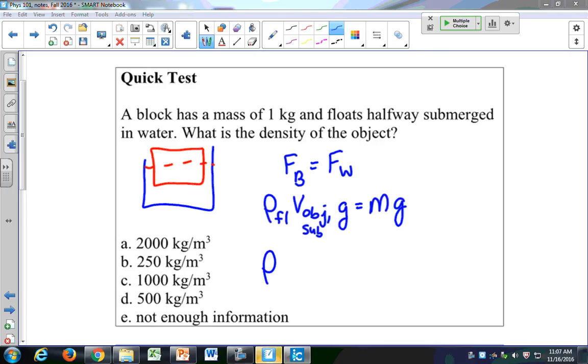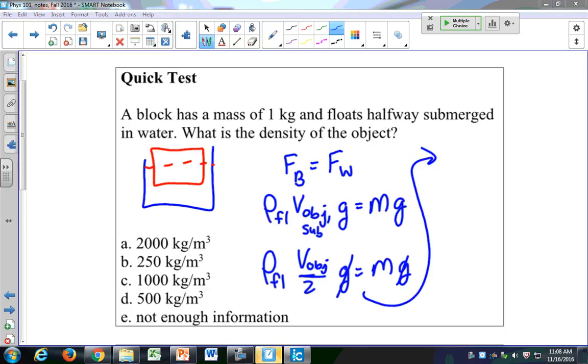We can say that the density of the fluid times the volume of the object divided by 2, because only half of the object is submerged, times g, is equal to m times g. Then my g's cancel, and I can say that the density of the fluid divided by 2 is equal to the mass over the volume of the object. And this mass over the volume of the object is the density of the object, and it's equal to 1/2 the density of the fluid.